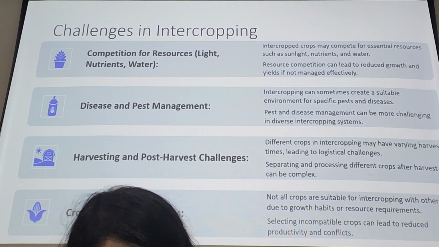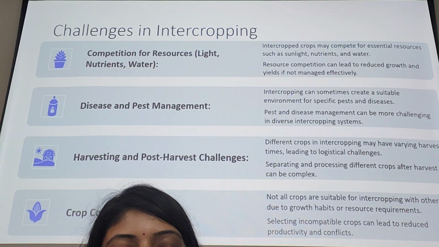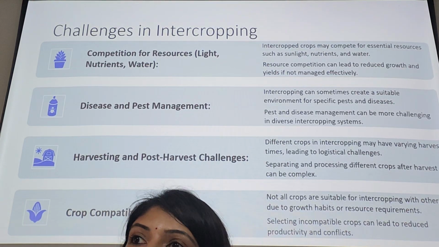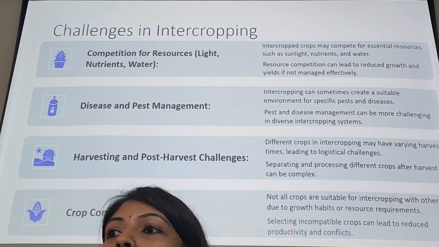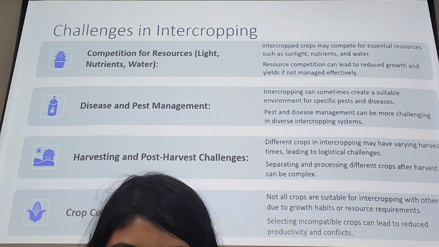As I mentioned earlier, not all crops are suitable for intercropping with others due to their growth habits or resource requirements, and selecting crops that are not compatible with each other can lead to reduced productivity and also conflicts between the crops.